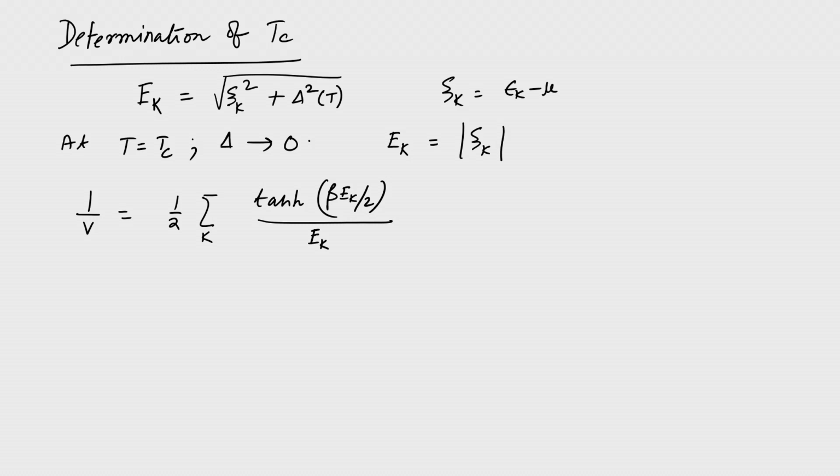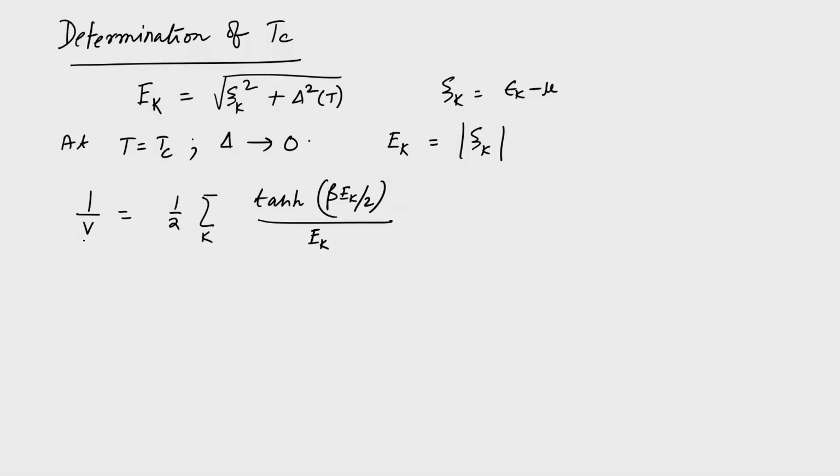V is the attractive electron-electron interaction, which we have seen appears because of interaction of electrons via phonons, and so that is the attractive part of it. And then we are summing over this, it is a momentum sum, over tan hyperbolic beta Ek by 2 divided by Ek, where Ek is just what is written above, that is the quasi-particle energies.